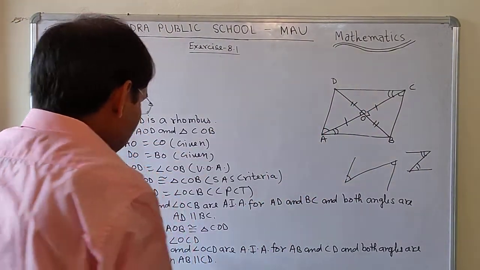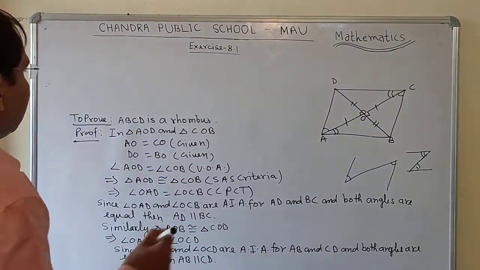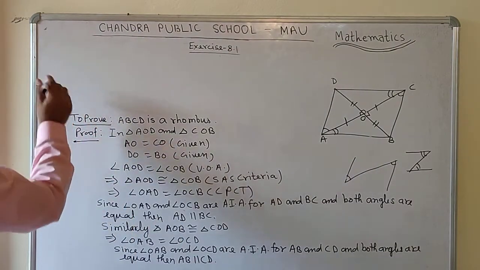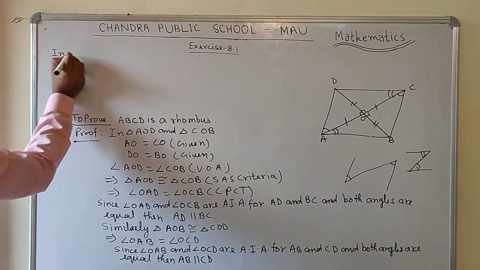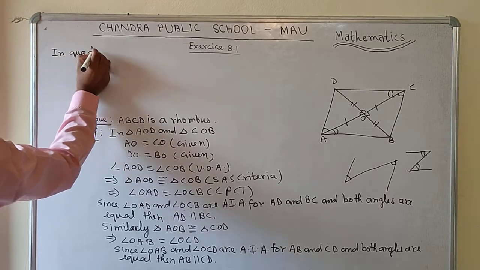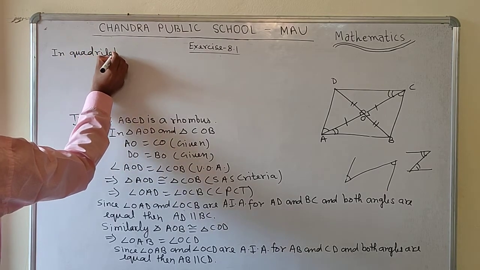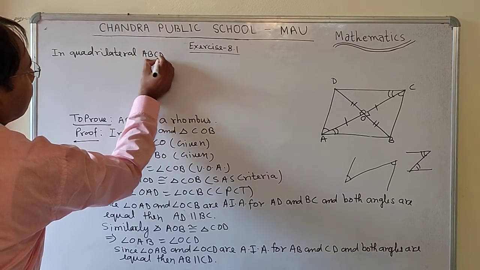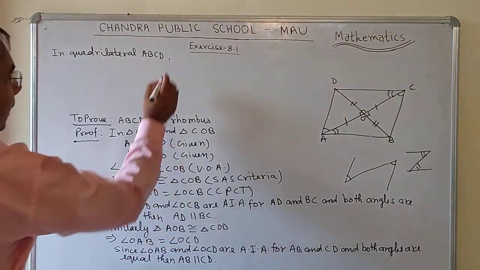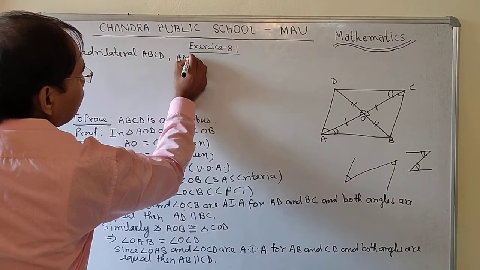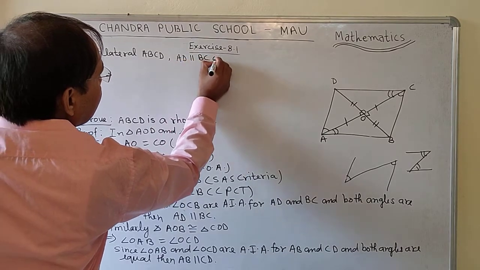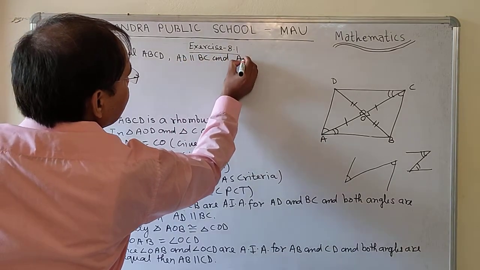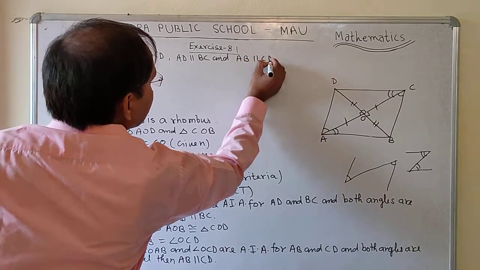Now here I have proved that both pairs of opposite sides are parallel. So here you will write after this, in quadrilateral ABCD, I have proved that AD parallel to BC and AB parallel to CD.